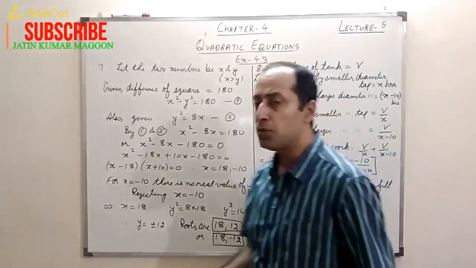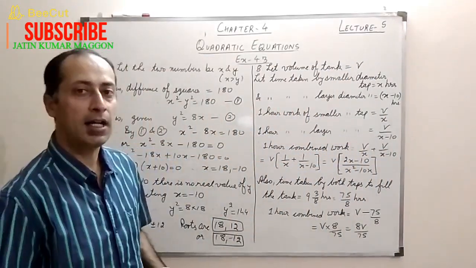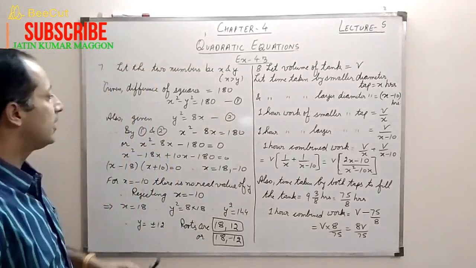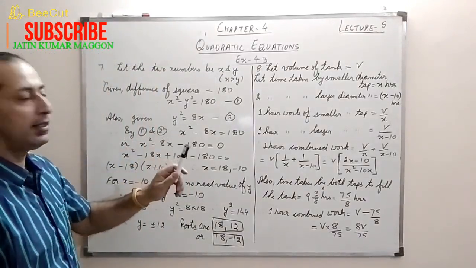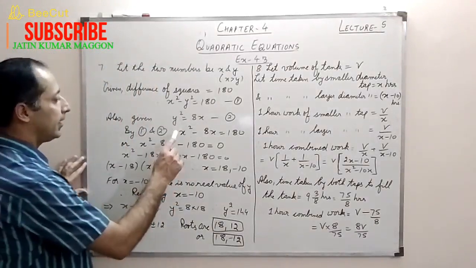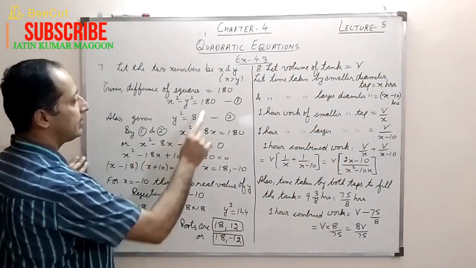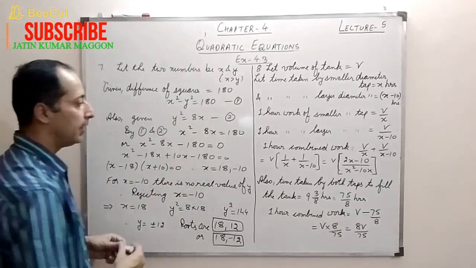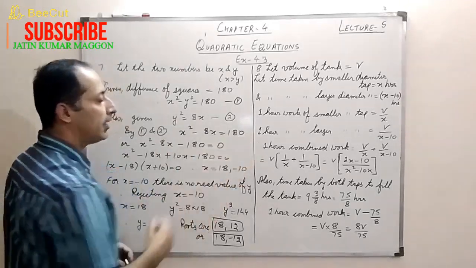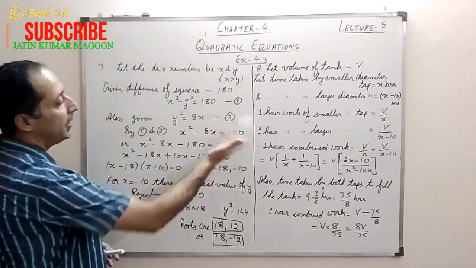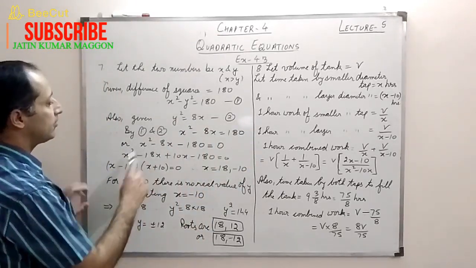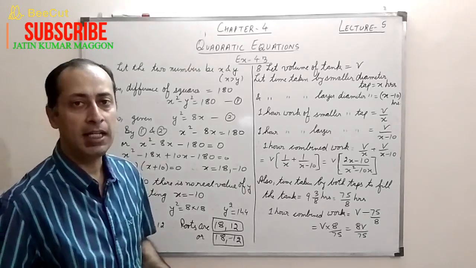Now using the two conditions we get our required quadratic equation. When I substitute the value of y square equal to 8x in the first, I get x square minus 8x equals 180. Then I shift this 180 to the left side, and on the right there is nothing left, so that will be 0. So I get the equation x square minus 8x minus 180 equals 0.